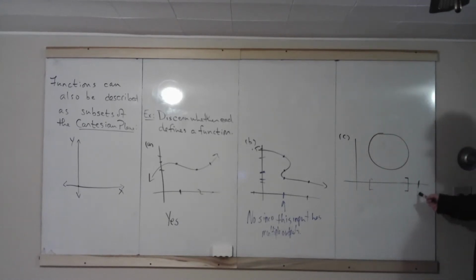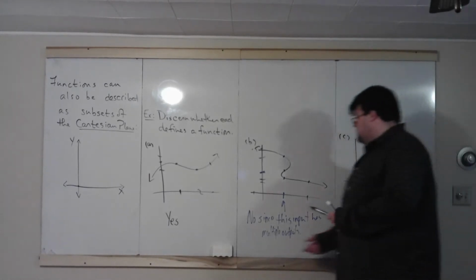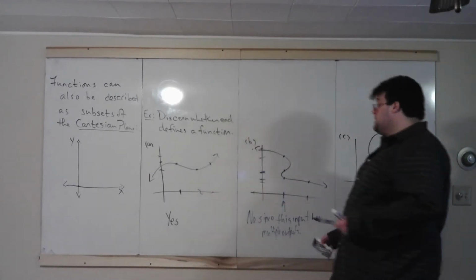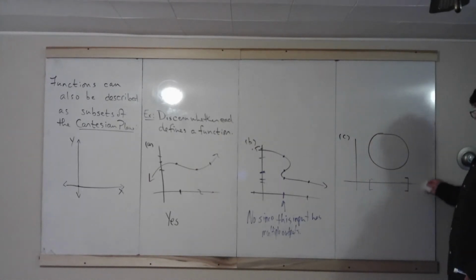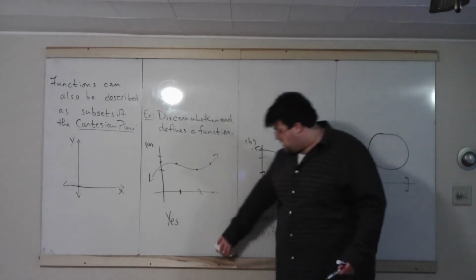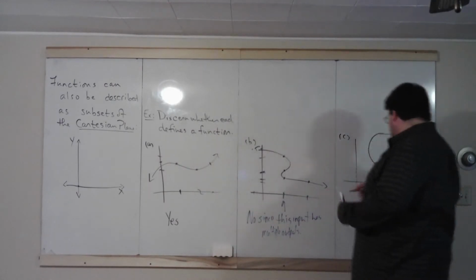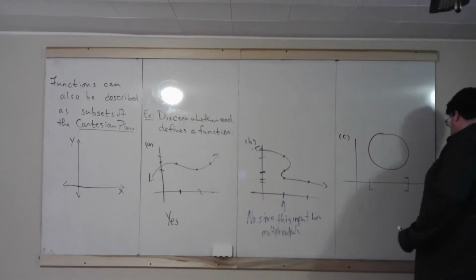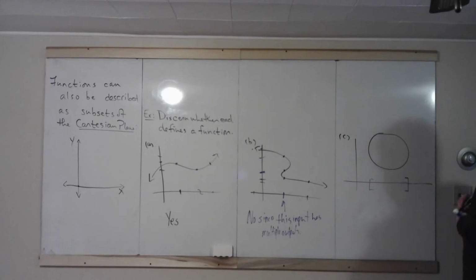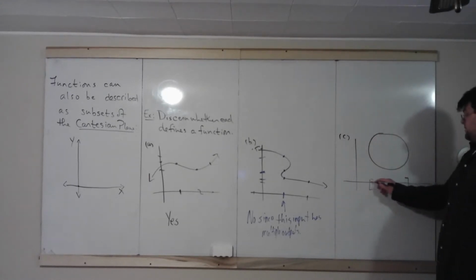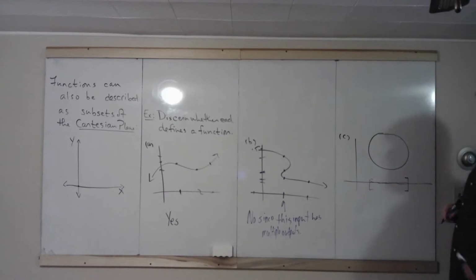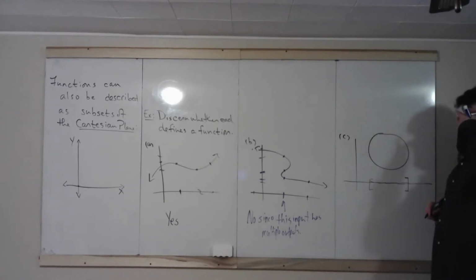So this isn't even a potential input. With our previously defined language, that x value over there is not part of the domain. The set of inputs is the domain. Here, the domain is only within this piece of the x-axis. So we have to look in here.